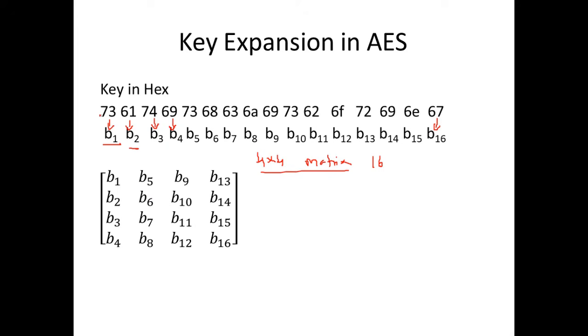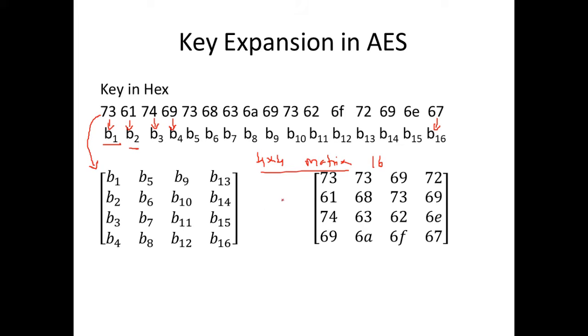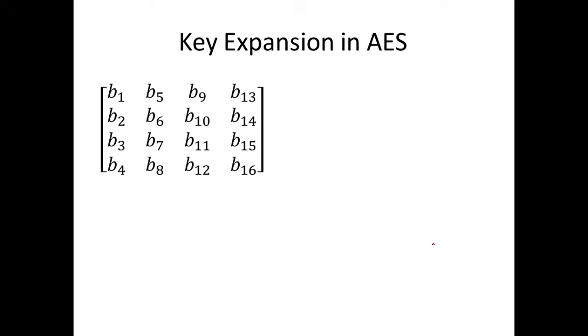So when you convert it like this, this is how your key representation will be in the form of a 4x4 matrix. So this is byte 1, byte 2, byte 3, byte 4, byte 5, byte 6, and so on up to byte 16. Is that clear?